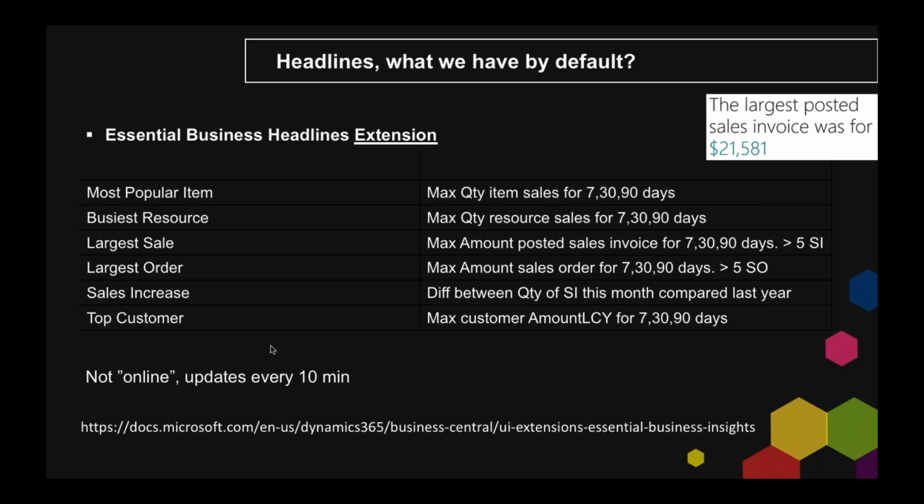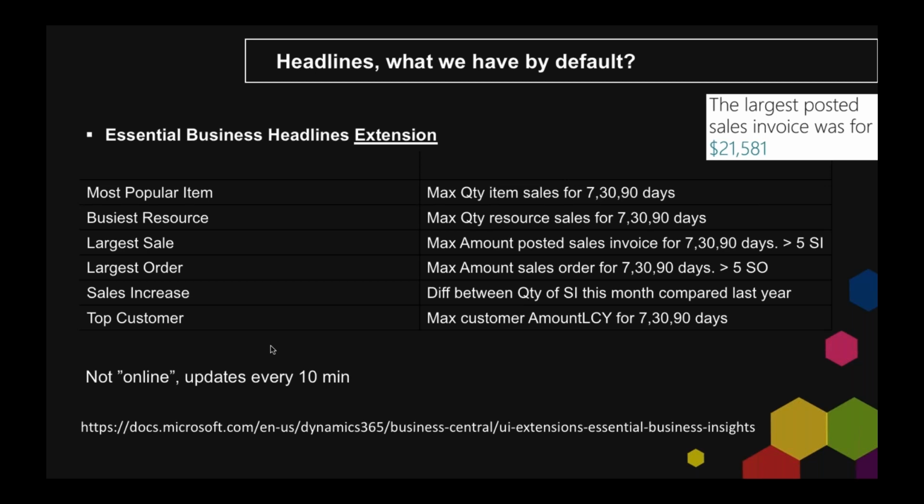For example, it will show you the most popular item. I already explored how it works and figured out the business logic: it's the max quantity of item sales for 7, 30 or 90 days, whichever comes earlier. What is interesting is that there is a headline like sales increase.